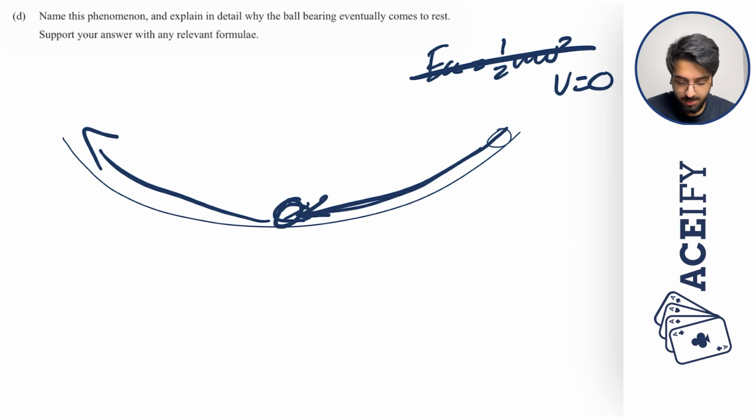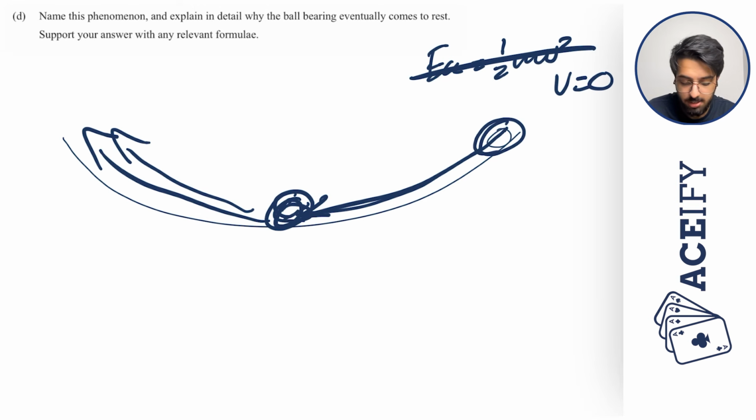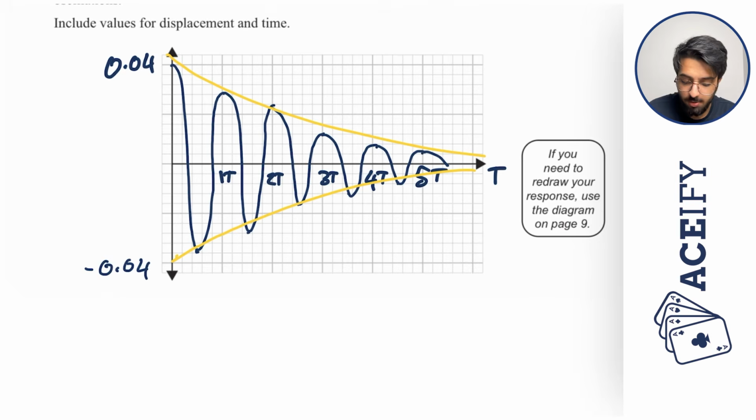And therefore, same thing, not all this EK is converted into gravitational potential energy. And so the gravitational potential energy at this point is going to be less than the gravitational potential energy at this point. And this will keep happening, and therefore, the amplitude will slowly decrease, which you can see over here.